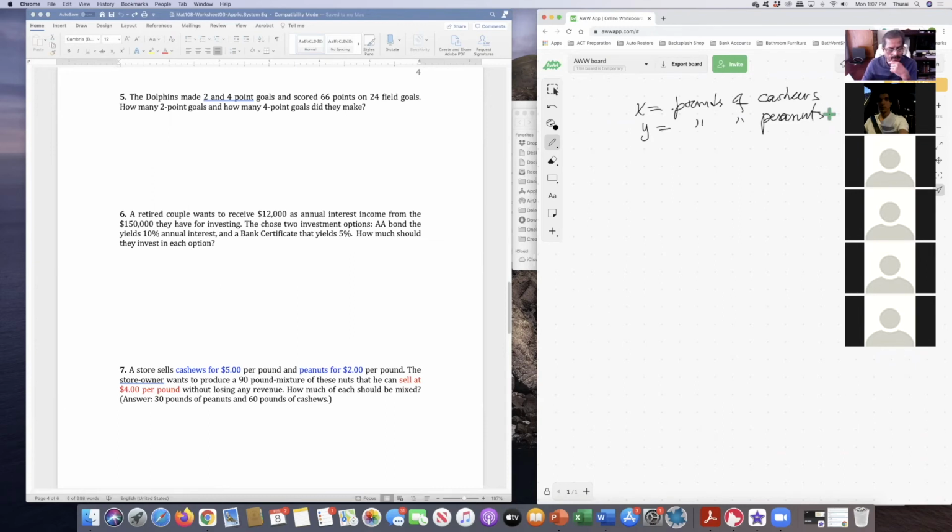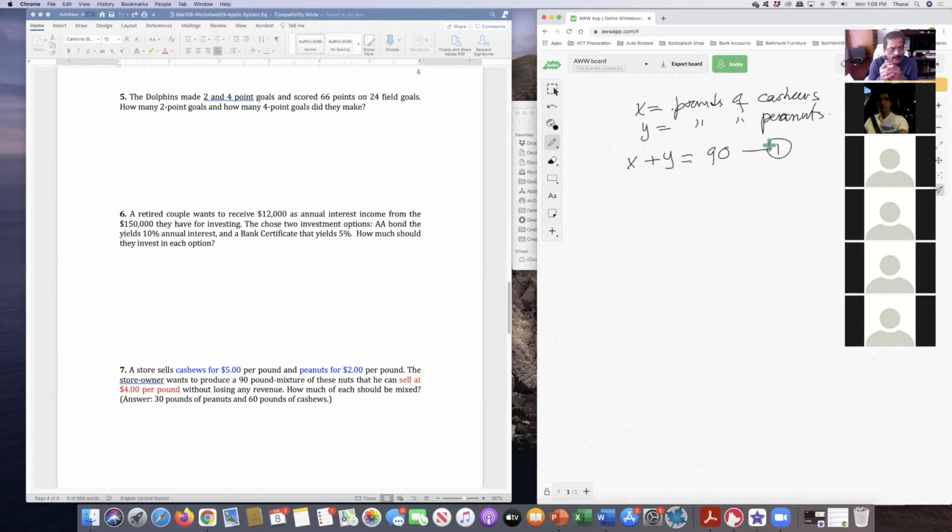One equation comes from the fact that the total weight of the mixture is 90 pounds. How do we translate that? x plus y equals 90. x pounds of cashews and y pounds of peanuts were mixed, so x plus y is the total weight, and that has to be equal to 90. So that's the first equation.